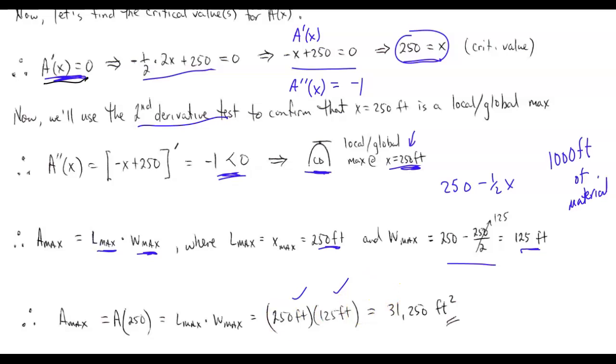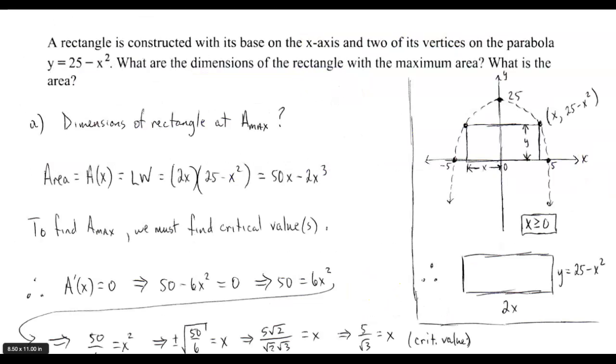All right, let's move on to the next example. The example that I'm going to do here and the next one after that are going to be very similar in that we have a little geometry going on, but not anything too tough. This problem says that we have a rectangle constructed with its base on the x-axis.